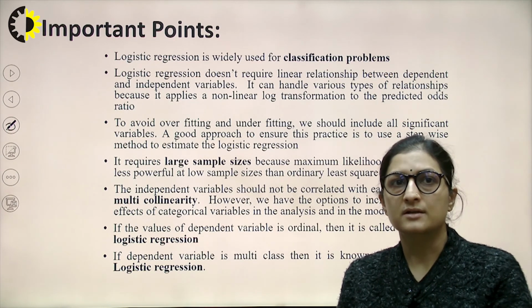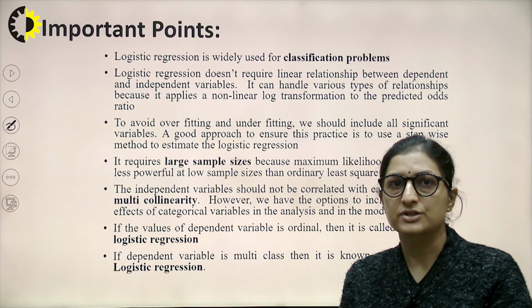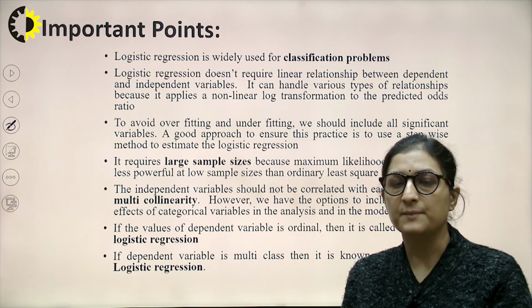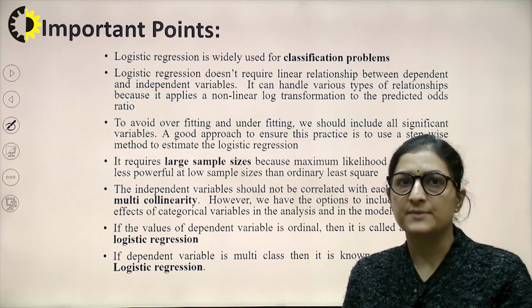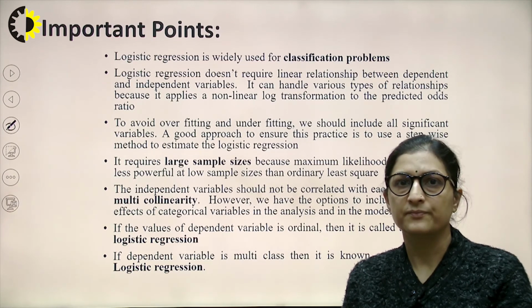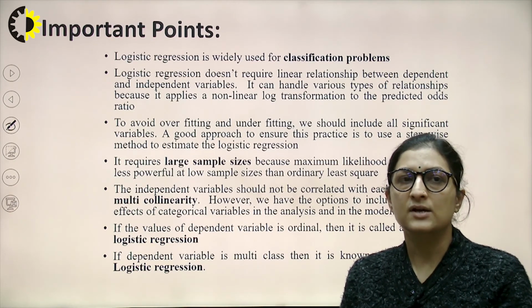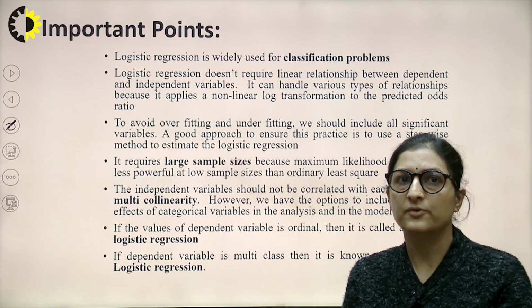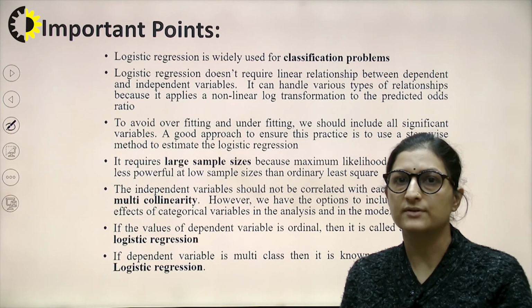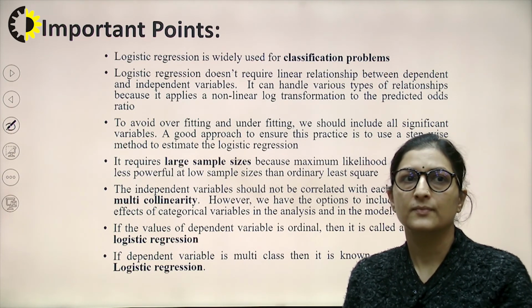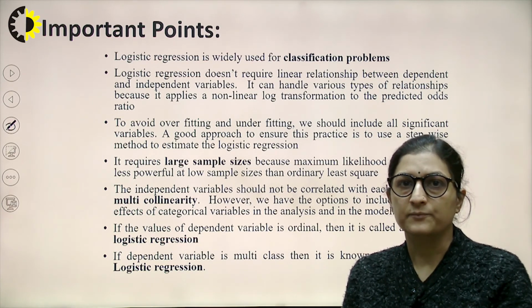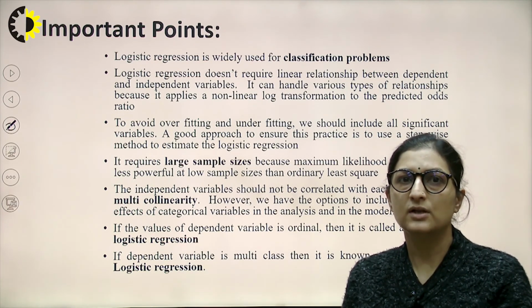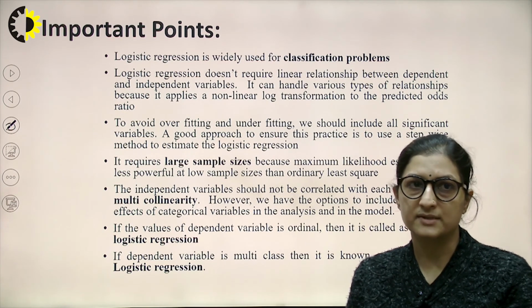Logistic regression does not require a linear relationship between dependent and independent variables. It can handle various types of relationships because it applies a non-linear log transformation to the predicted odds ratio. To avoid overfitting and underfitting, we should include all significant variables.